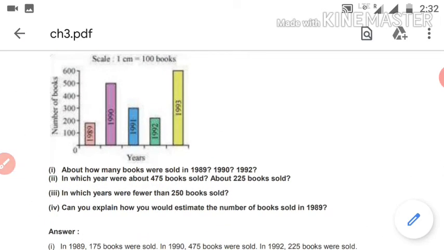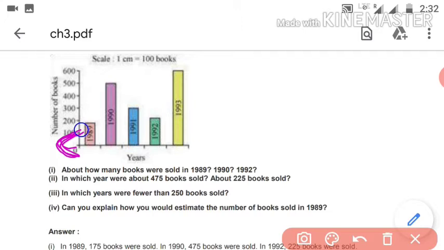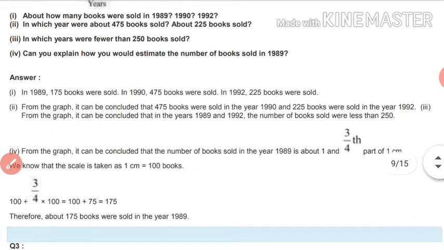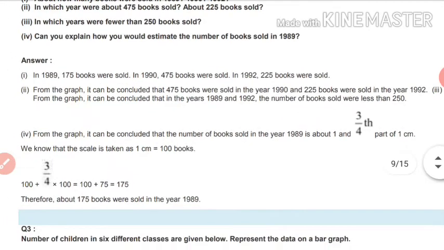So from 0 to 100 it is 1 centimeter. This is 1 centimeter, and from 100 to here it is 3/4. So 1 centimeter and 3/4 centimeter.